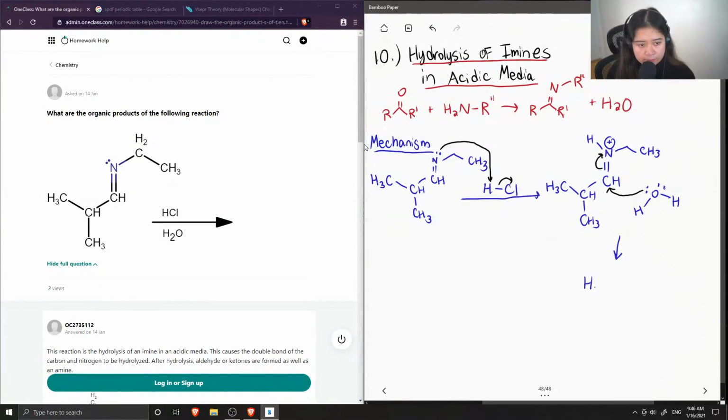And now the nitrogen is neutral, and we also have this positively charged water group attached to the carbon, like so. And now this bond to nitrogen is single bonded.